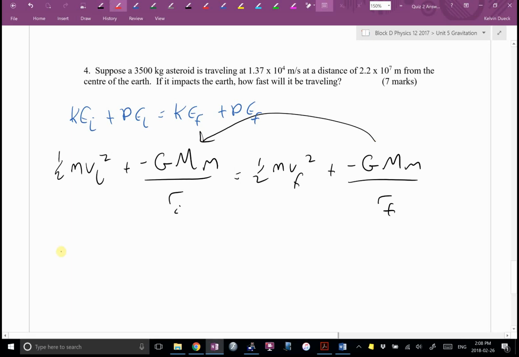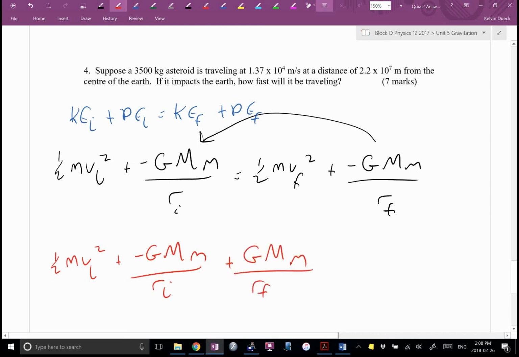That's going to give me a half little m v initial squared plus negative big G big M little m over r initial plus negative big G big M over r final, that equals a half m v final squared. I could probably do something more with that, but that's good enough for now.